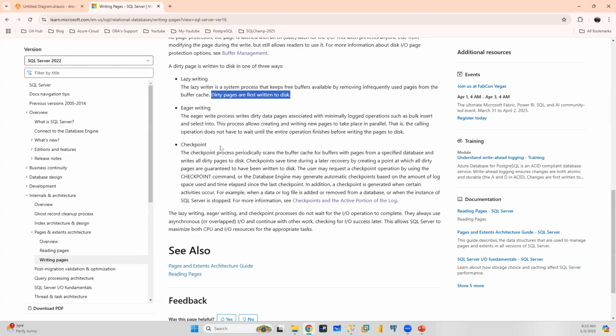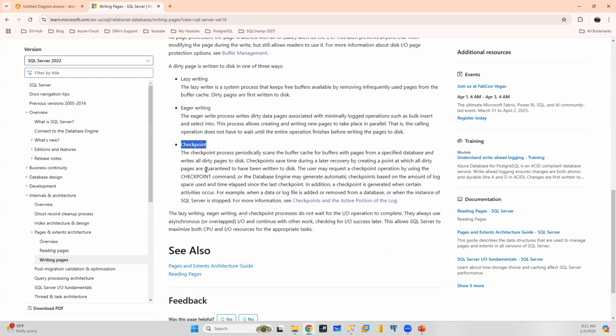Otherwise, checkpoint is your main process, moving the data from buffer to disk.